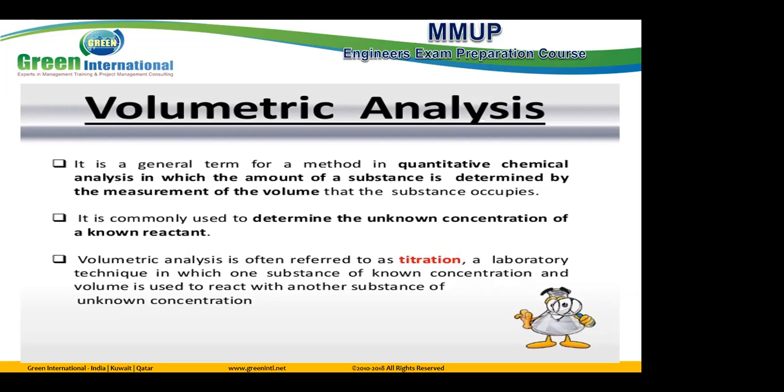Volumetric analysis measures the concentration of each component by volume. For example, I have a mixture like exhaust gas, and I can measure it by volumetric analysis: this one is 40%, this one is 25%, and so on.